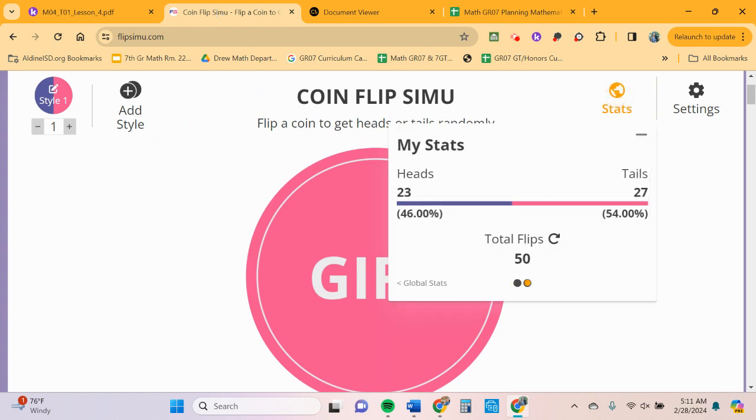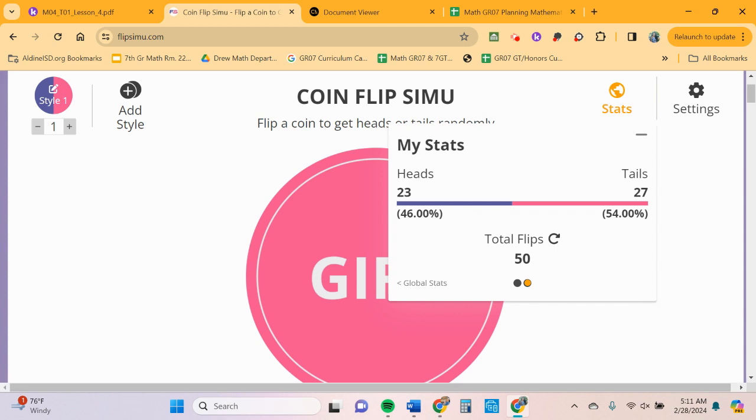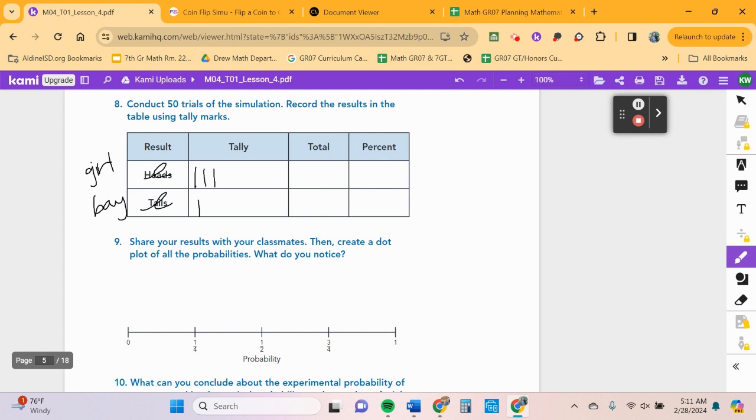And it shows me out of 50 total flips, the result was blue boy 23 times and pink 27 times. So now I'm going to put that into my table. So 23 for boys, 27 for girls. I'm actually going to skip the tally marks and just go ahead and put that total in.